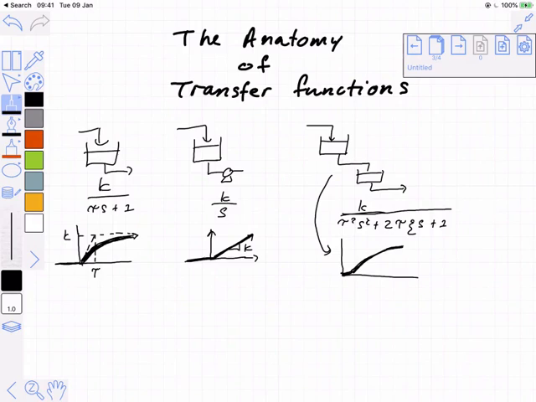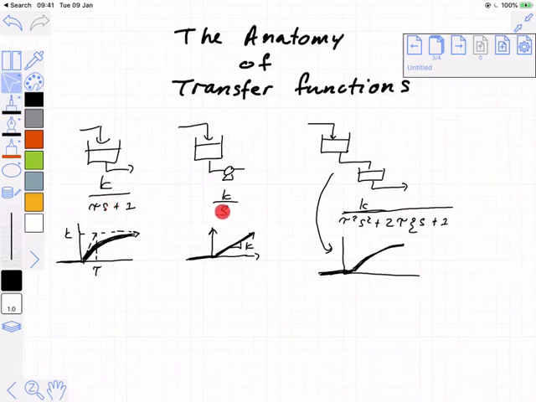And so notice that all of these responses are continuous even though the input is discontinuous, but we can see that the first two, the ones that have only one S in the denominator, show a discontinuity in their first derivative. And so we would describe those as continuous functions with discontinuous first derivatives, or first order smooth functions.